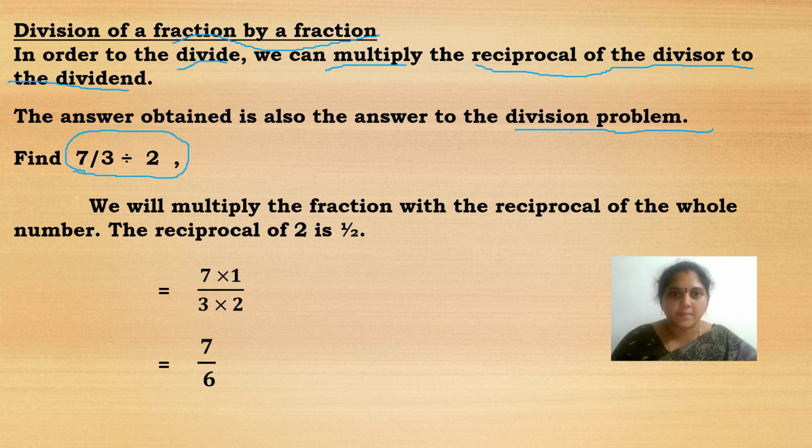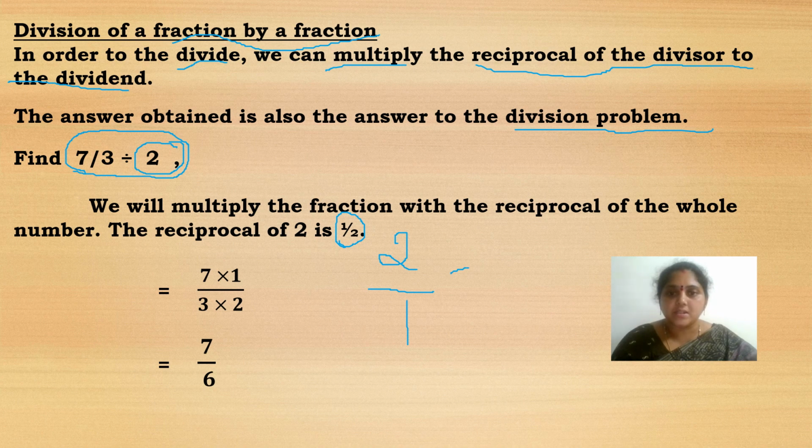What is our whole number here? Our whole number is 2. Now we have to change this 2 because 2 is our divisor. The reciprocal of 2 is 1 by 2. Why? Because if we don't have any denominator for the whole number, write 1 as the denominator.